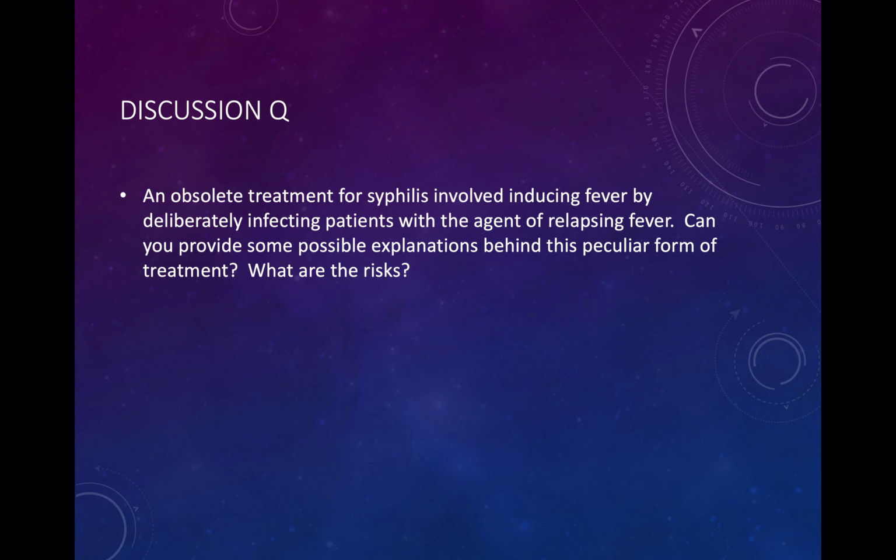This would be malaria. So this is a true story that once upon a time, before the advent of antibiotics, malaria was deliberately infected into patients with syphilis to help treat this infection. It was effective in many cases.